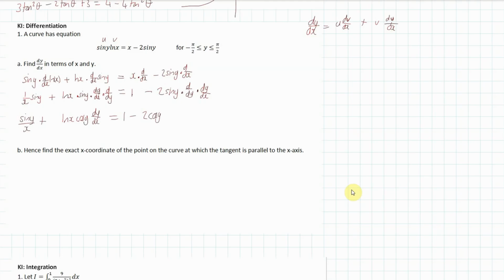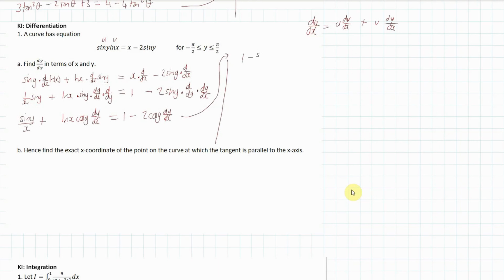Cosine y dy dx. Now at this point I'm going to gather my like terms. Maybe I'll go over here because I've got a little bit more space. So I'm going to bring the sine y across to the right hand side.